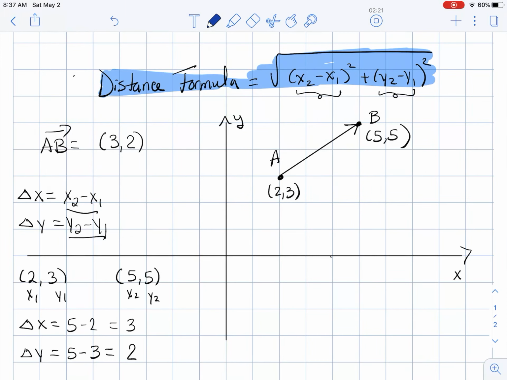Now if I were to plot (3, 2), starting at the origin, 1, 2, 3, and then 2, that is what they call the related position vector, because that one does start at the origin.